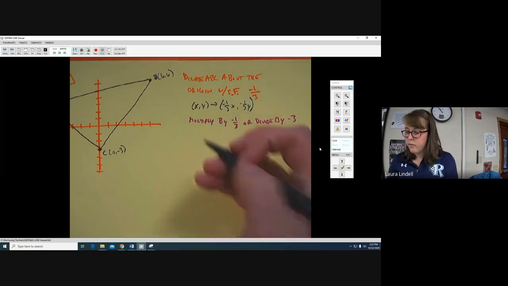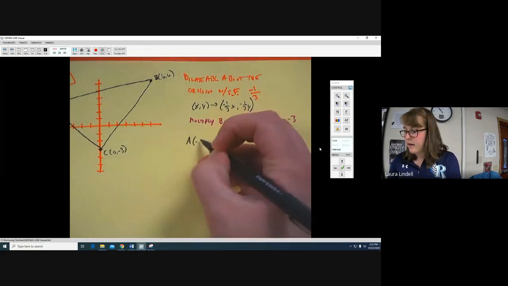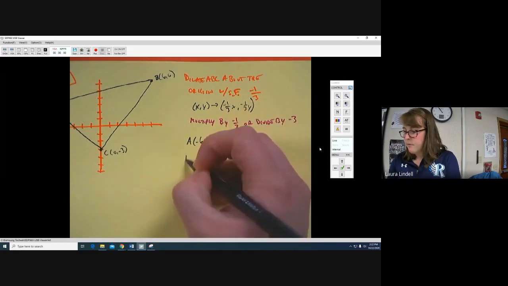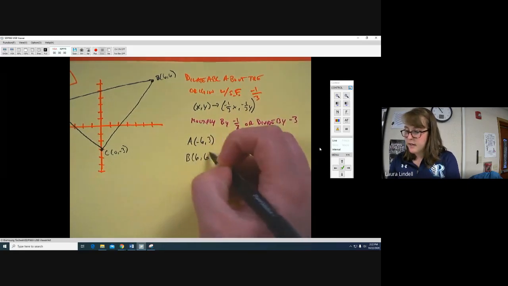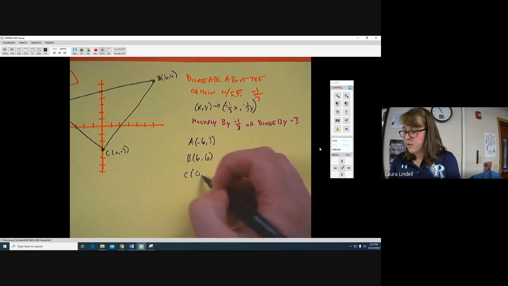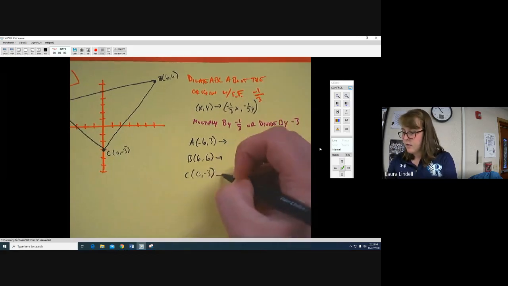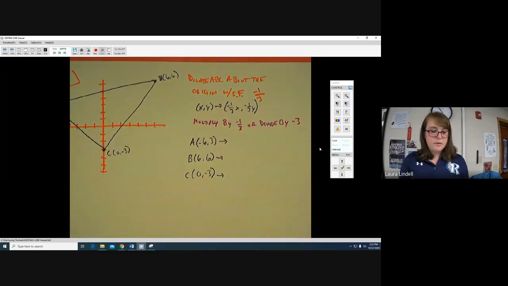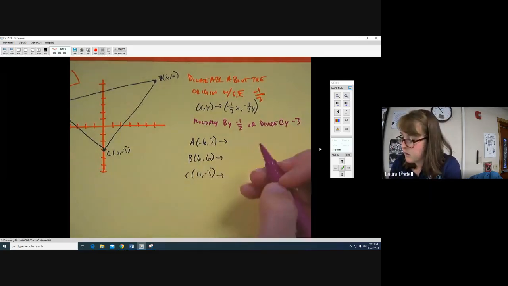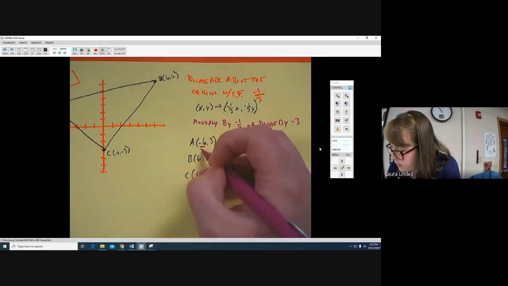So if I start off with my coordinates, A is -6, 3, B is 6, 6, and C is 0, -3, what I want to do is divide each of my coordinates by -3.